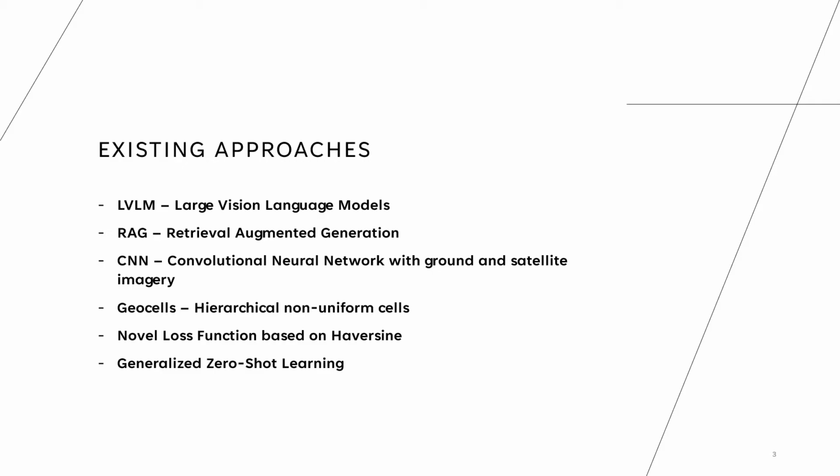So what they did was create a hierarchical, non-uniform grid of cells. They pulled out country borders and used the borders as grid cells. So each country had its own cell, and I'm assuming larger countries had a few cells.